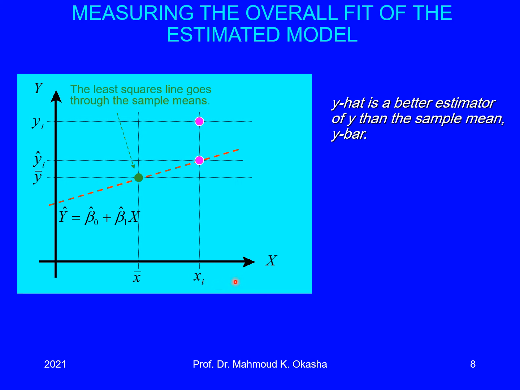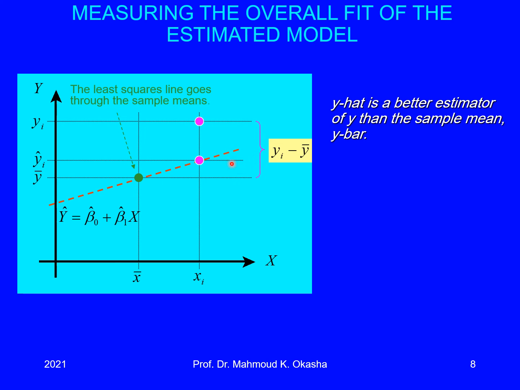In general, if this is any value xi, you can predict the value of y like that. We get yi hat here. So given the value of xi, you expect or predict the corresponding value of y, which is yi hat, right?